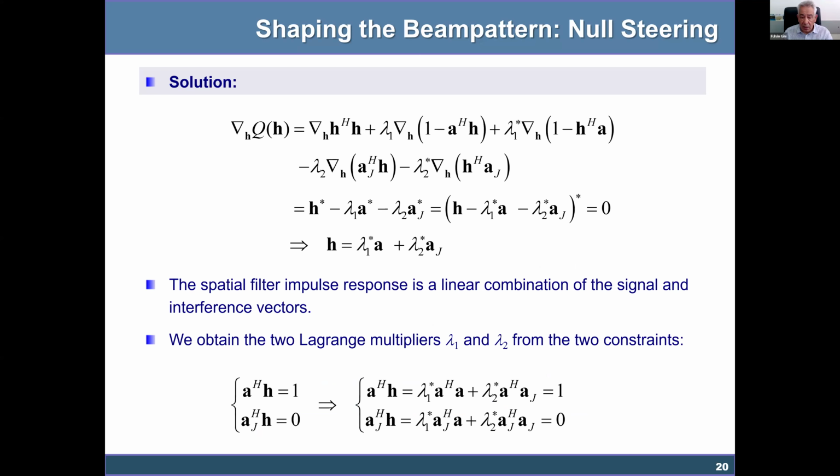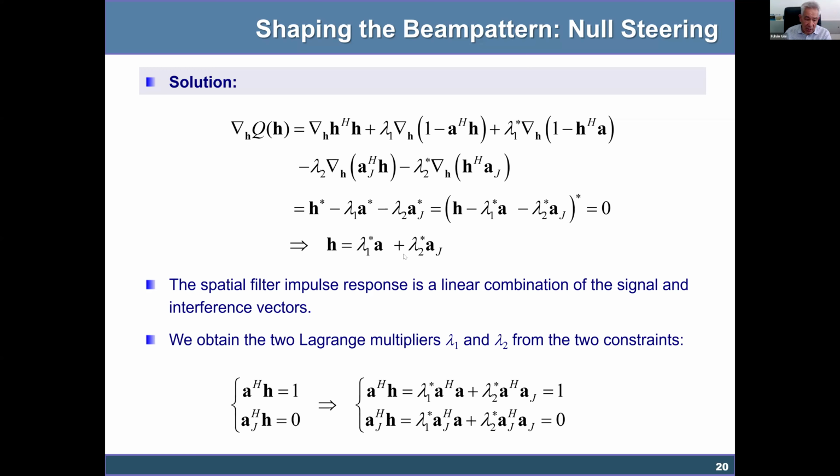But if you need, you can find the gradient of a quadratic form on Wikipedia. So you calculate the gradient of this quadratic form. You set the gradient equal to 0 and you find the solution. So this is the solution as a function of the two Lagrange multipliers.